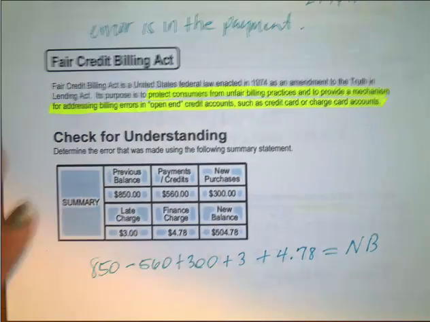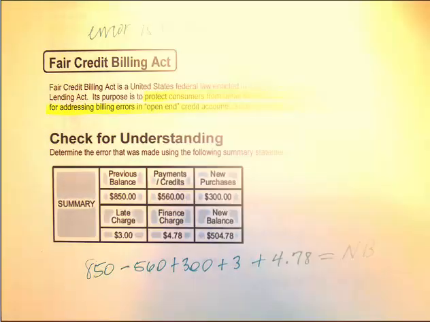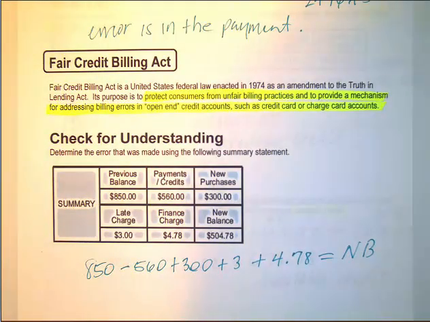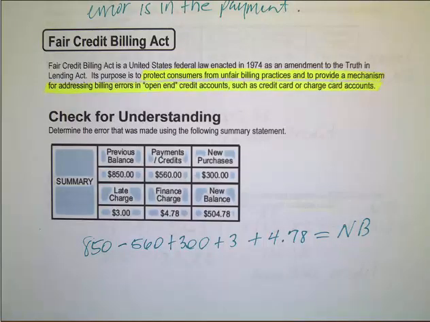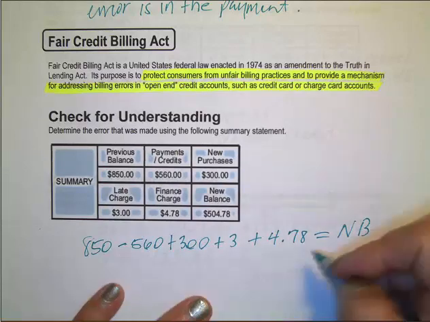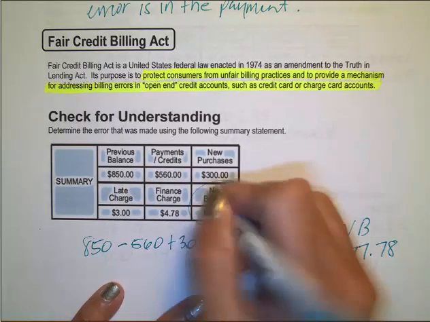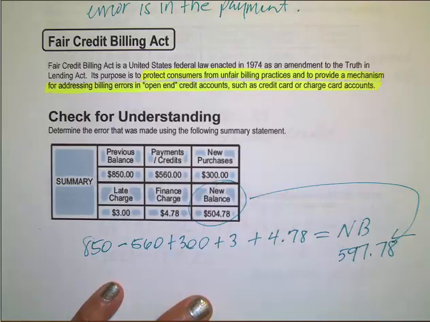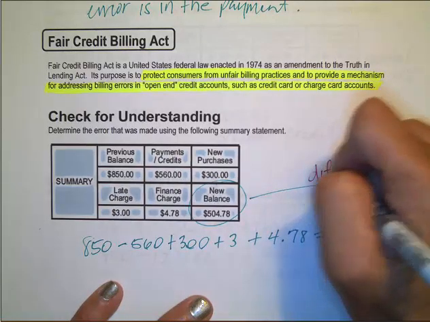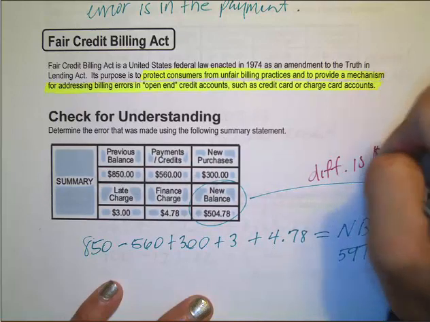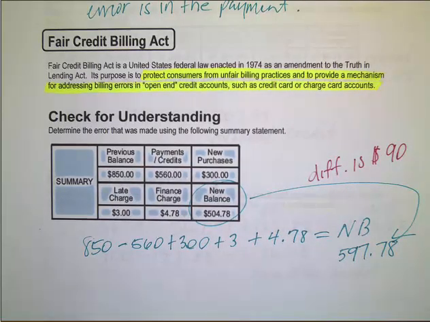Alright, so pause the video and find out where the error is. So you should have gotten a total of $597.78. So what's the difference between these? It's $90. Well, a $90 difference usually means that something has been transposed.